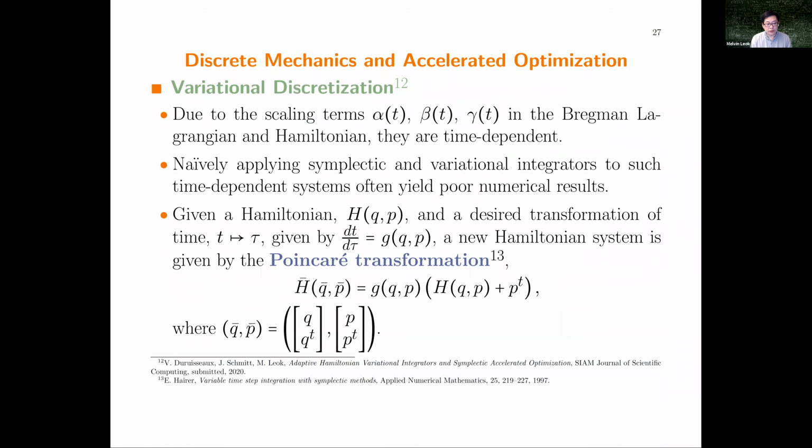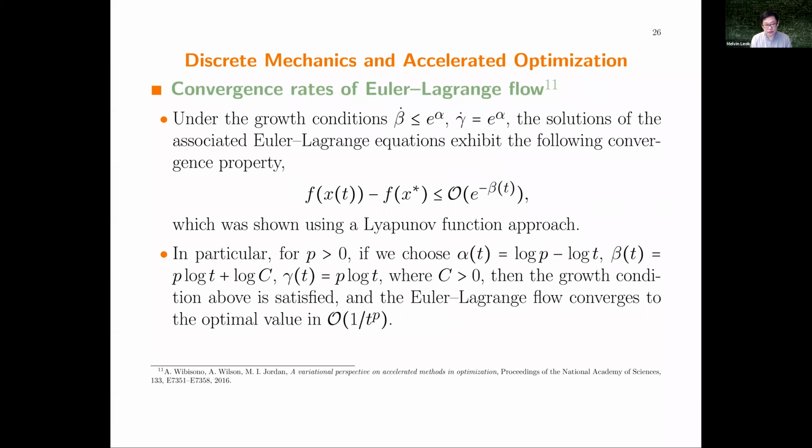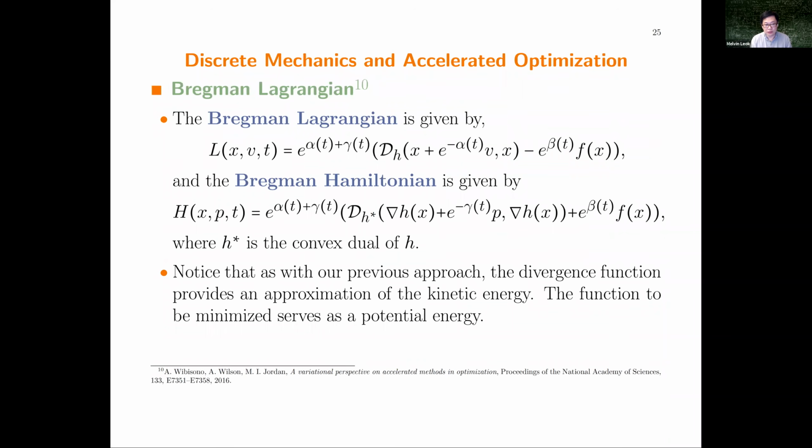So what is interesting about this? Let me look back at this Lagrangian and Hamiltonian. If you know something about Lagrangian and Hamiltonian mechanics, you might think, aren't Lagrangian and Hamiltonian systems energy preserving? They are energy preserving only if the Lagrangian and Hamiltonian are time independent.